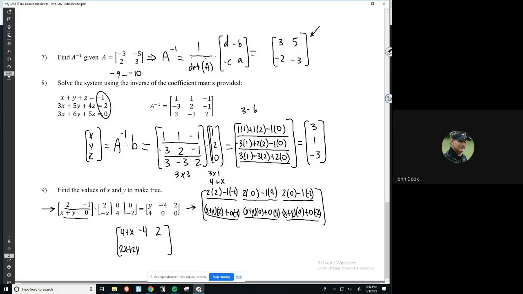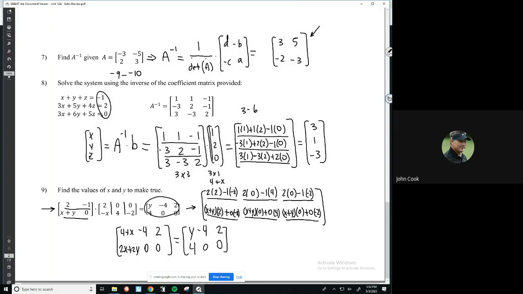And then 0 plus 0 is 0. And then 0 plus 0 is 0. All right, and that's equal to this matrix that we started off with over here. So y, -4, 2, 4, 0, 0.